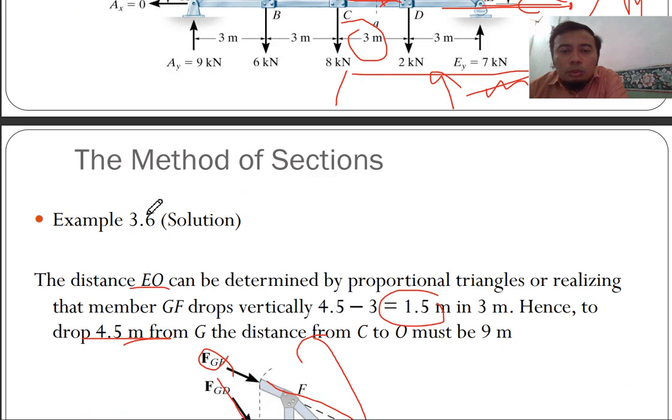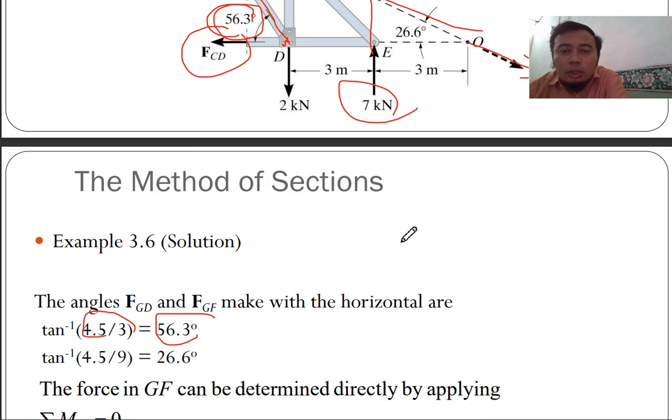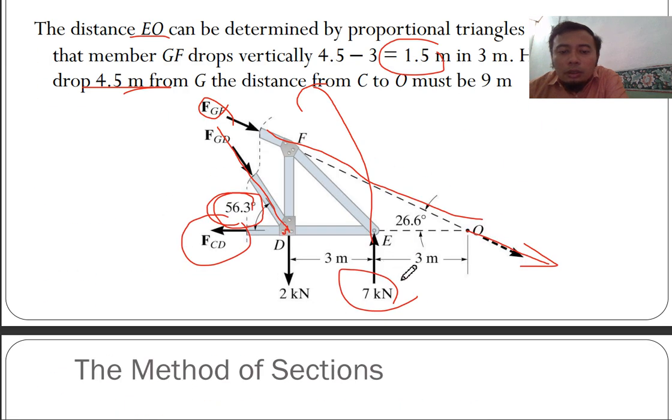the moment is taken at O, sorry. So 7 taken at O, so this is clockwise. So clockwise is negative, right? And the moment arm is 3 meter.